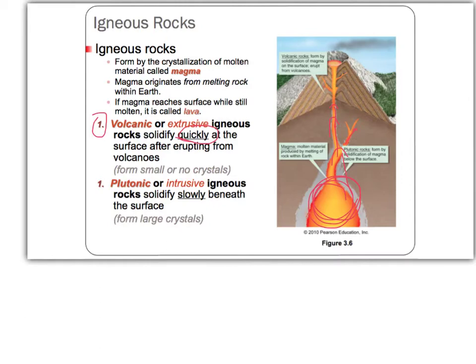You also have the magma oftentimes changing temperature, beginning to cool. So those minerals that have the highest melting temperature are the minerals that are going to crystallize out first. And so the remaining magma is going to be depleted in those high melting point minerals. So the composition is going to change.